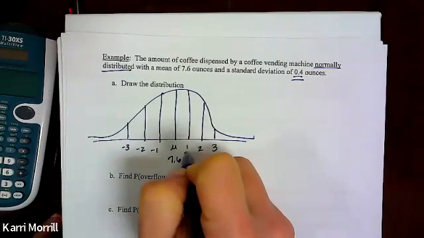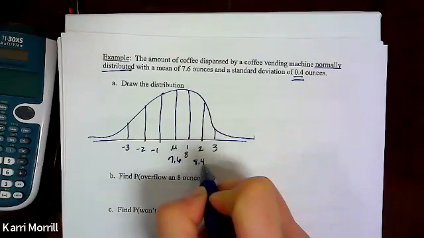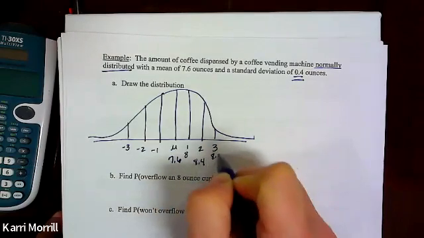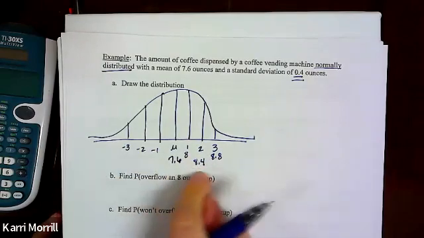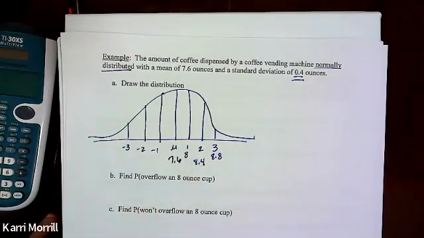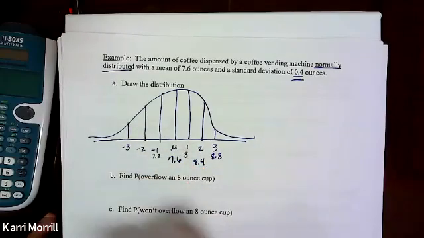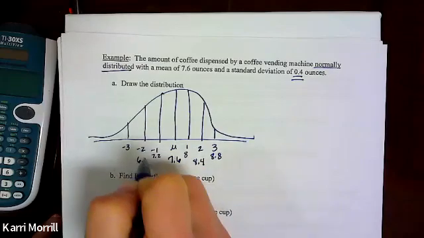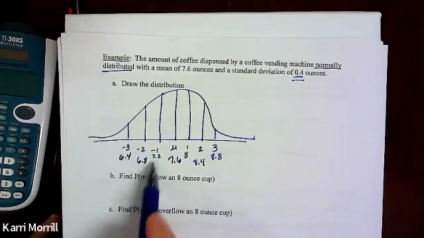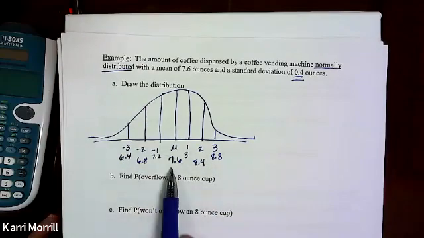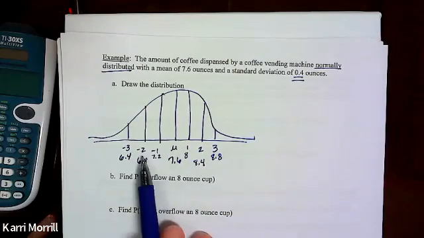So this will be 8. And then if we add 0.4 there, it'd be 8.4. And if we add 0.4 there, it'd be 8.8. Since my graph is kind of tight, I'm trying to get it all in there. If I were to subtract 0.4, this would be 7.2, this would be 6.8, and this would be 6.4. So these are the values that represent the mean and then as you're moving up 1, 2, and 3 standard deviations or down.